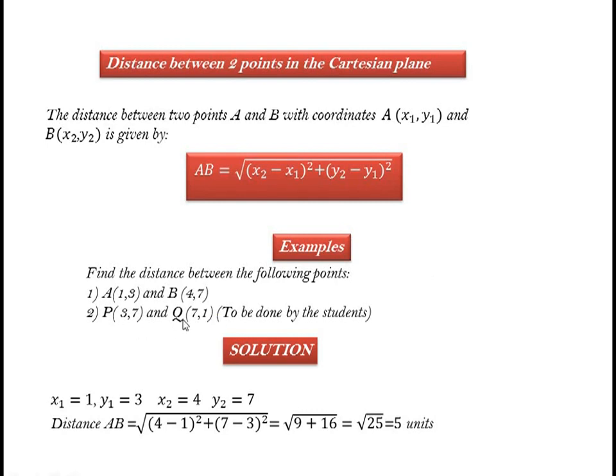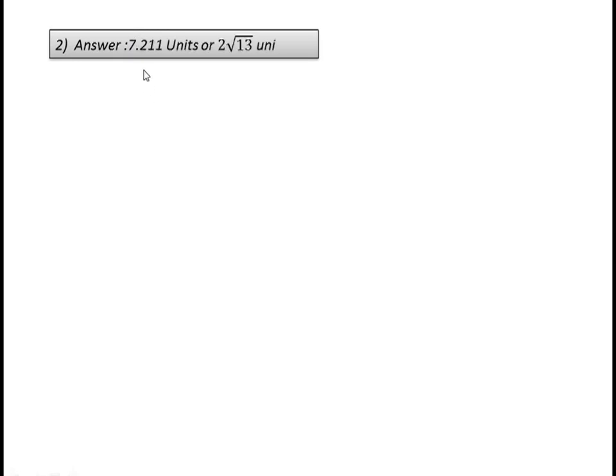While waiting, calculate this distance and let me know. Okay, I'm sure you must be done by now. What's your answer? The answer should be 7.211 units, or if you write it in surd form, it will be 2√13 units. That will be the distance.